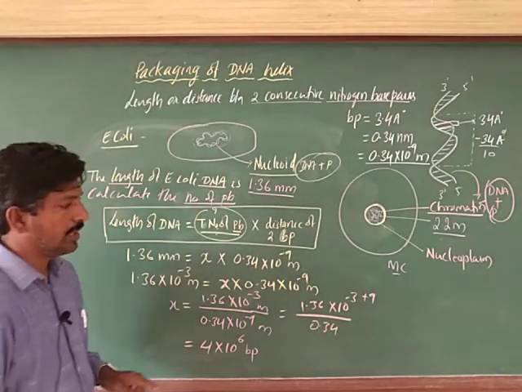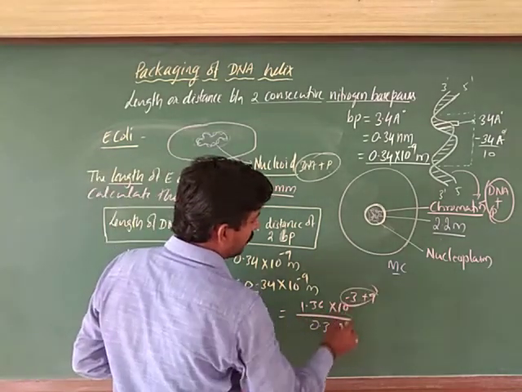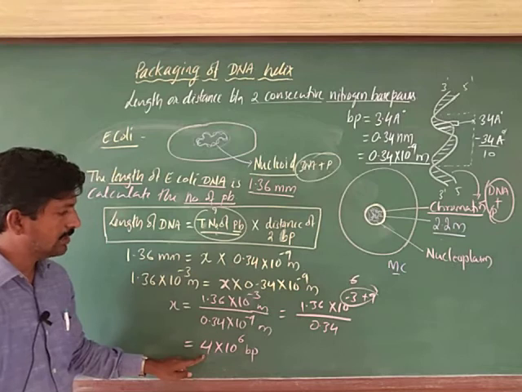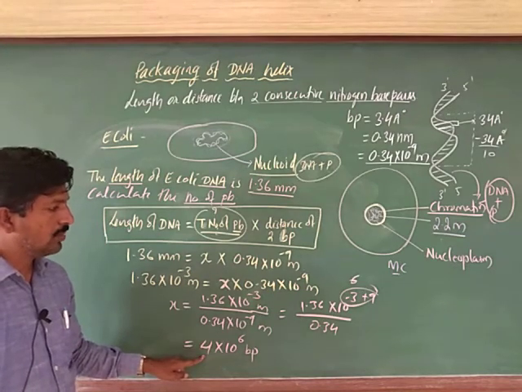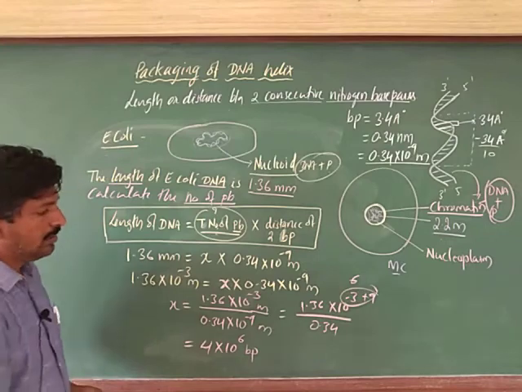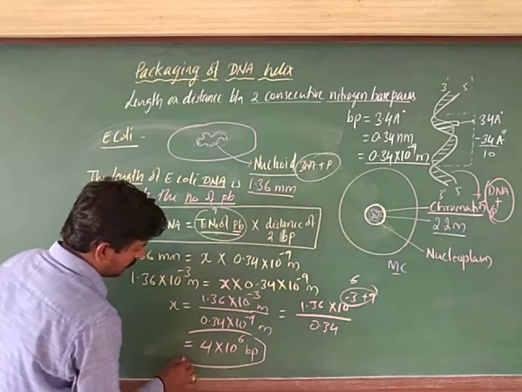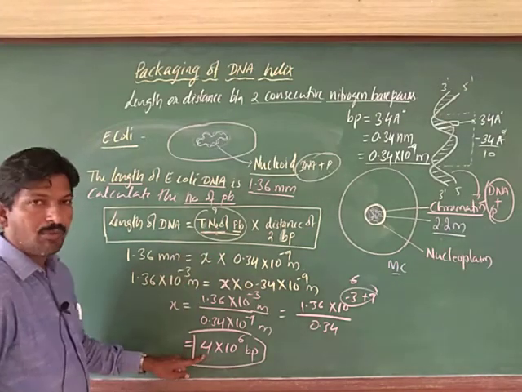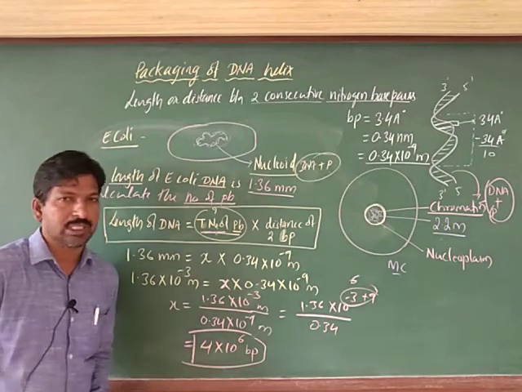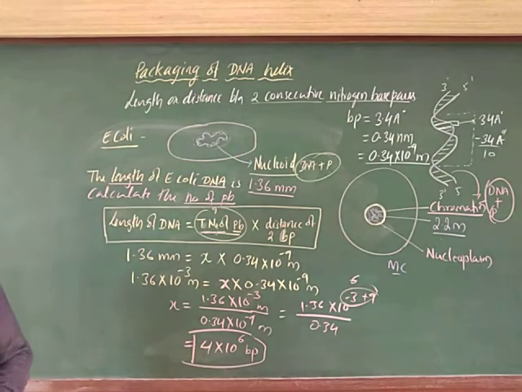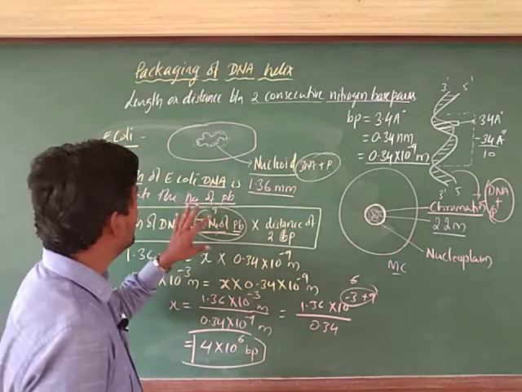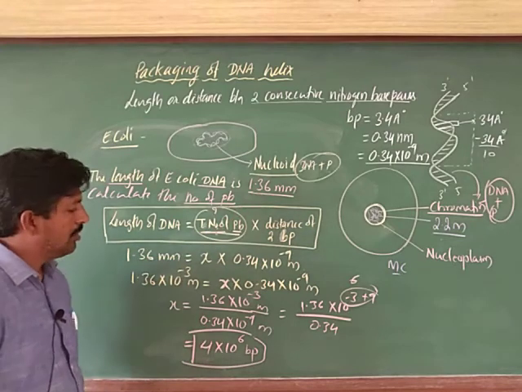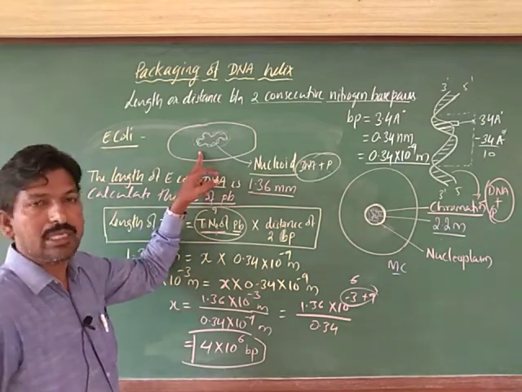The exponent becomes 6, and when you multiply this, the answer becomes 4. This is the answer of x. So the total number of base pairs is 4 into 10 raised to 6, present in this length of 1.36 mm in E. coli bacteria.